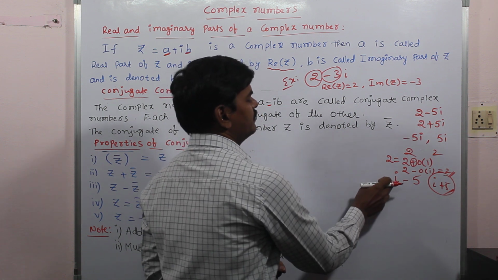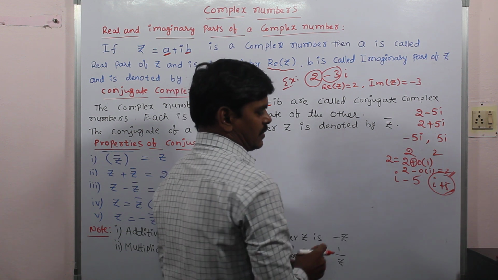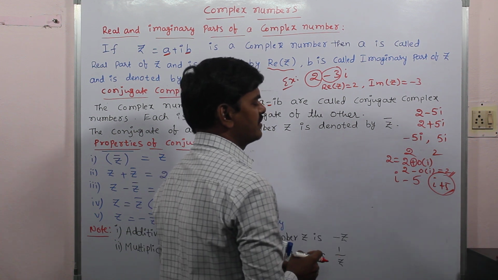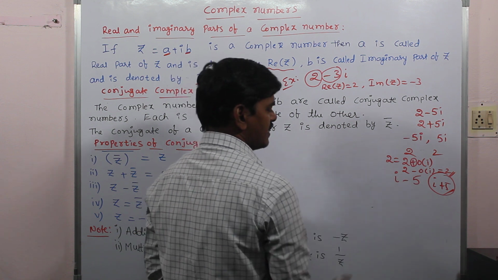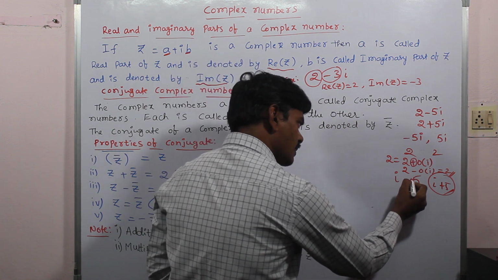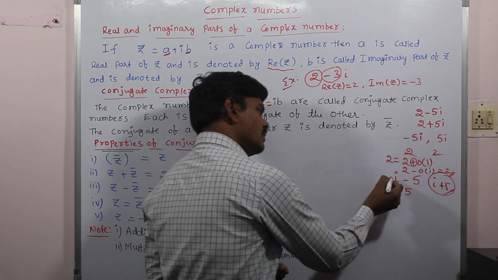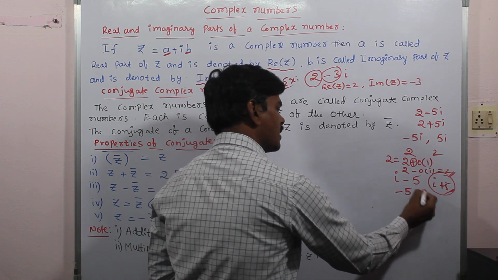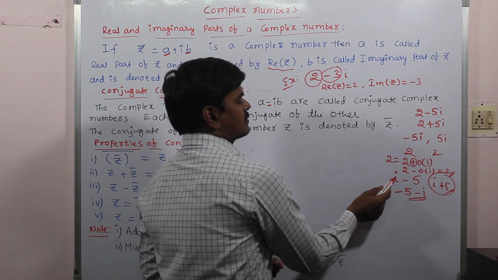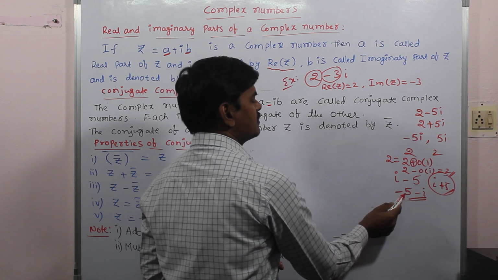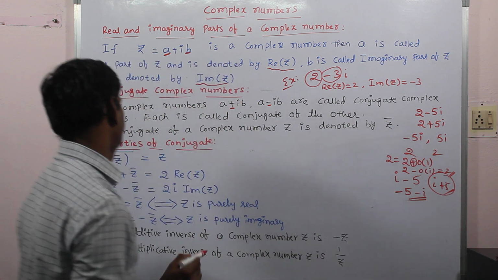The symbol of the imaginary part, not the symbol of the real part. So write the real part the same, -5, and change the imaginary part to -i. So the conjugate of i - 5 is -5 - i.